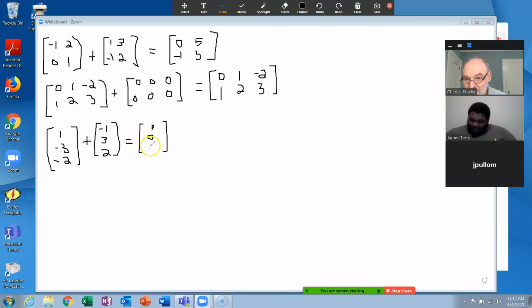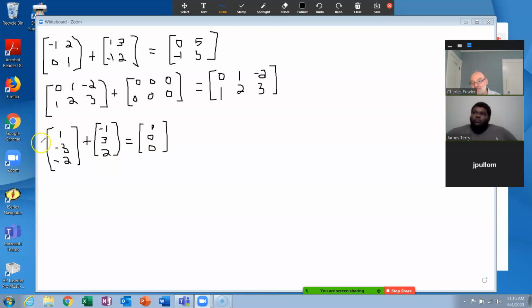Now, just like in real numbers, when you add, let's just take a 1 to a negative 1, you get 0. Why? Because negative 1 is the additive inverse of positive 1. Positive 3 is the additive inverse of negative 3, and so on. Those are called additive inverses.